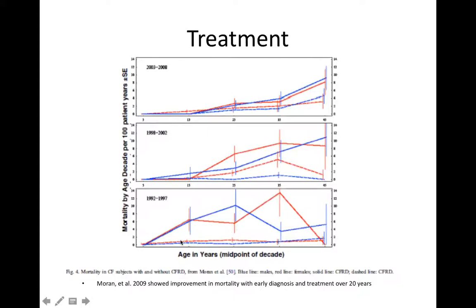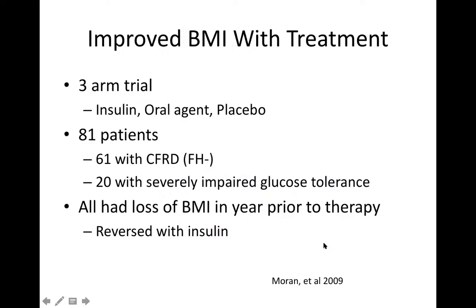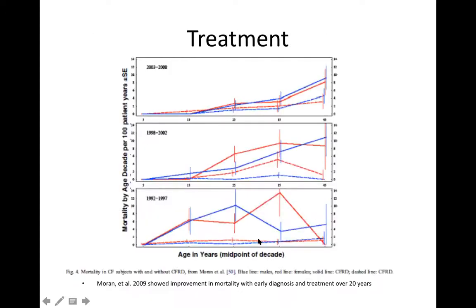So if you look at these dotted lines here, the mortality rate of patients who did not have cystic fibrosis related diabetes was low. If you had cystic fibrosis related diabetes, your mortality rate went way up, and this line here went way down here because there were no patients that survived in this study group past this age.